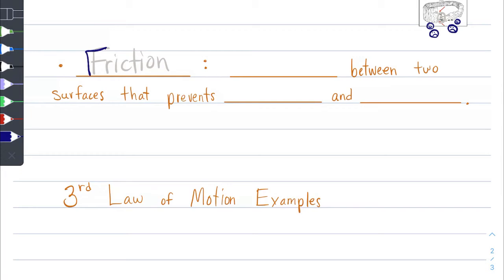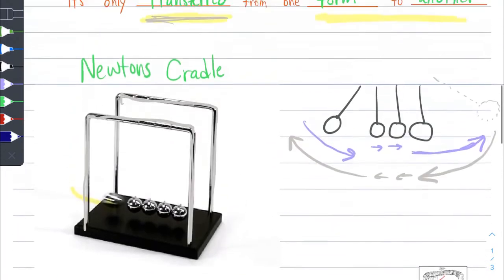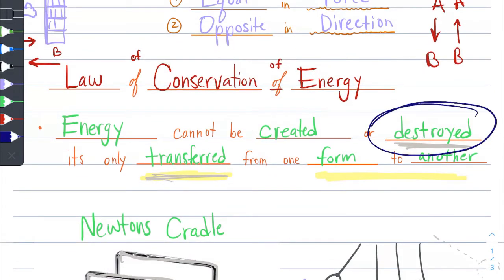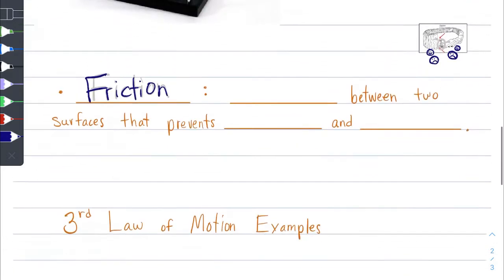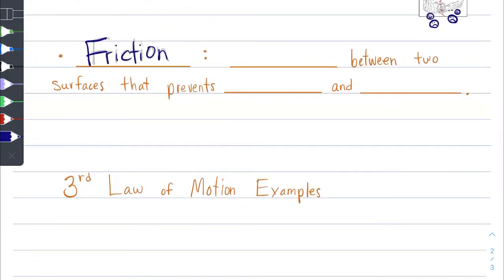Anyway, let's define friction. Friction is a type of interaction between objects that might make it appear as though energy is being destroyed, because an object in motion begins to slow down and stop. But its motion energy is actually just transferred into a different place, usually through friction.